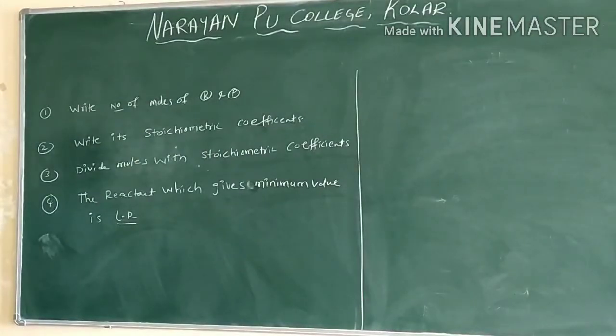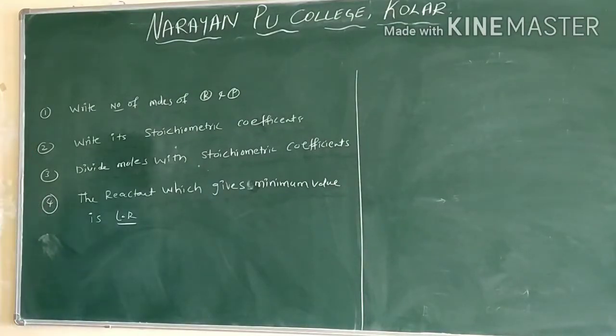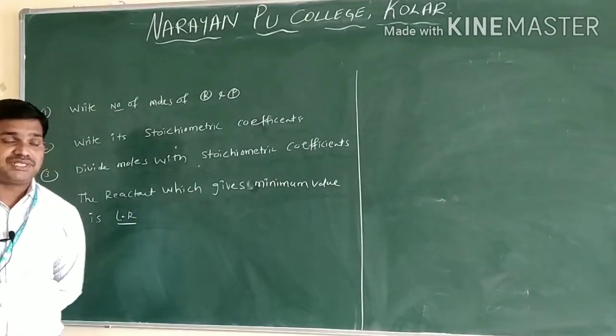Next is a simple method we can use for limiting reagent calculations, particularly in objective questions. The first step: write the number of moles of the reactants and the products. If it is not given in moles, convert them into moles. Next, write the stoichiometric coefficients of the reactants and the products.